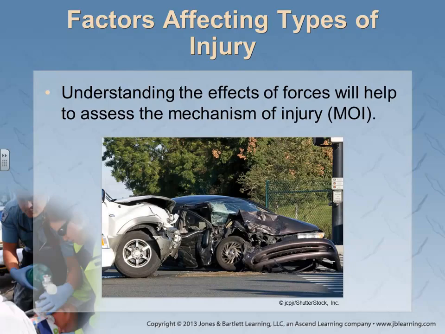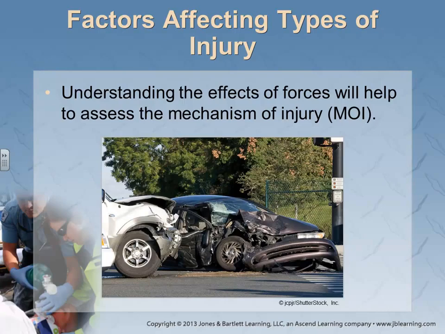So what are some of the factors that are going to affect the mechanism of injury here? If the passenger was restrained. So your speed, restraints, size, velocity. How fast is this truck coming? And is this car stationary, or are they meeting together?